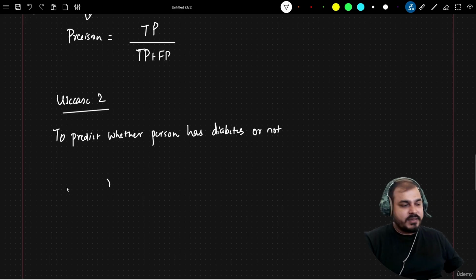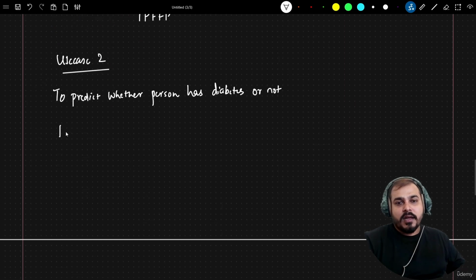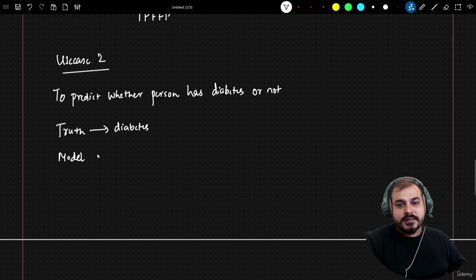Now in this scenario, let's say if I take an example, in the truth, the person has diabetes. Okay, and my model predicts the person does not have diabetes.